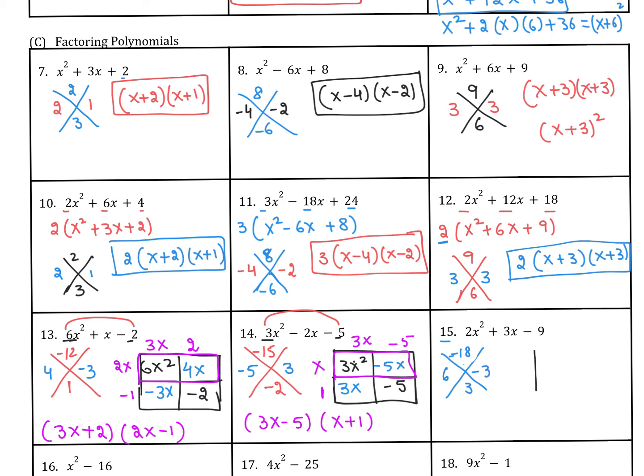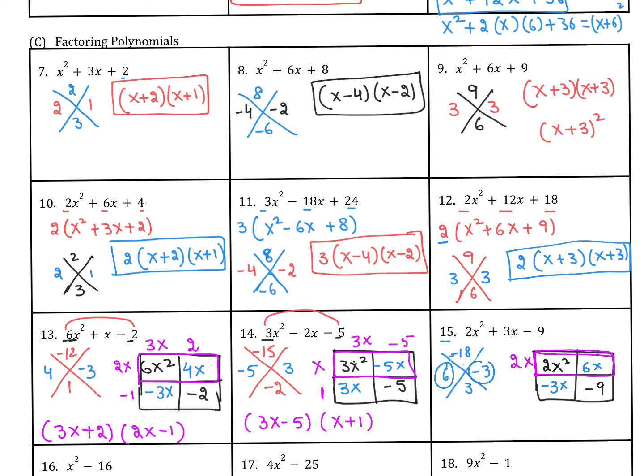You're going to make a box. In the front of the box, the first number is 2x squared. This one is negative 9. The two numbers that you found are 6x and negative 3x. First row, the common factor that divides 2x squared and 6x is 2x.